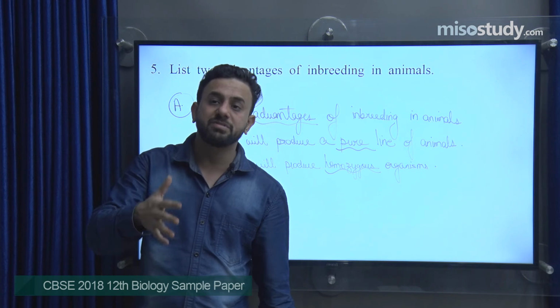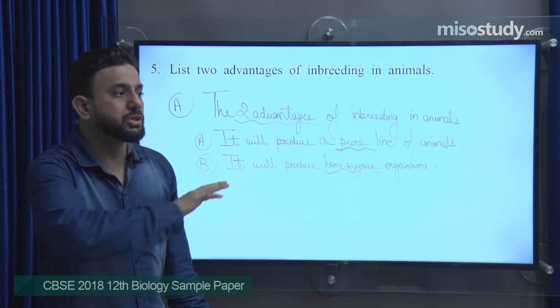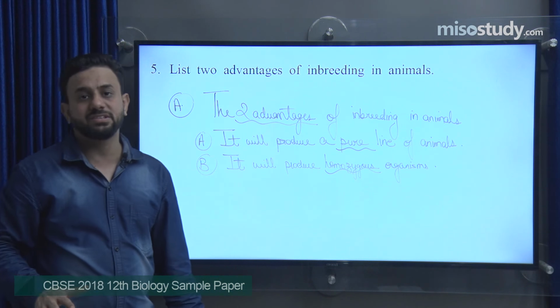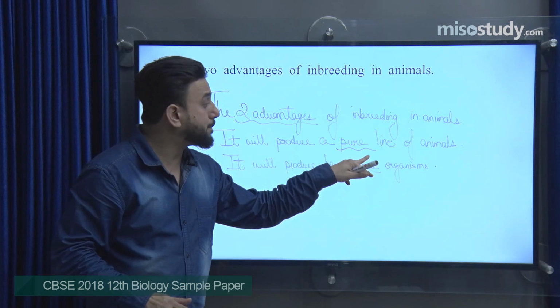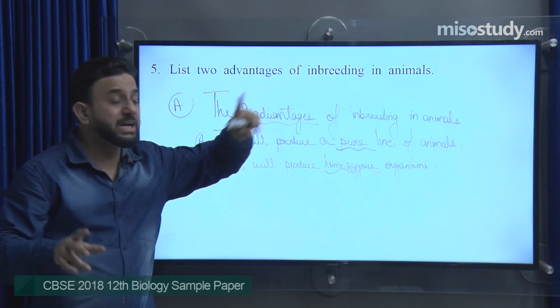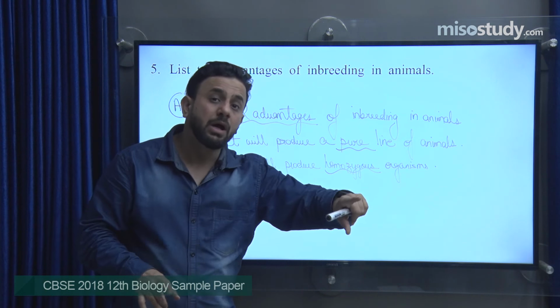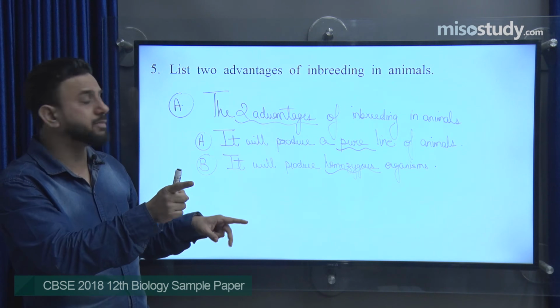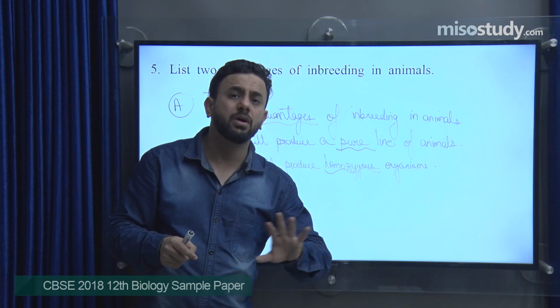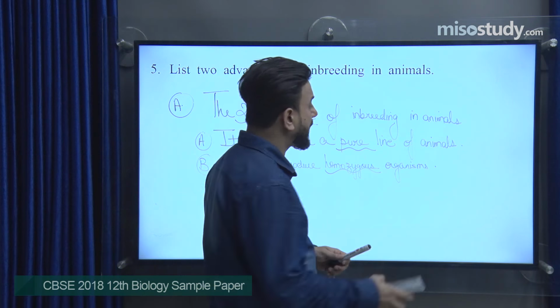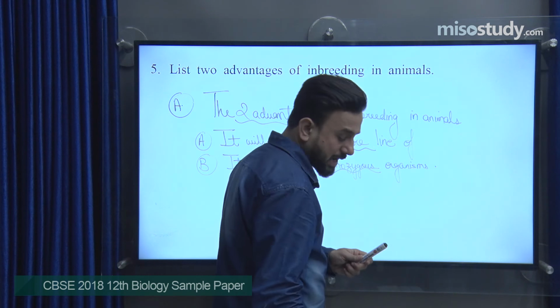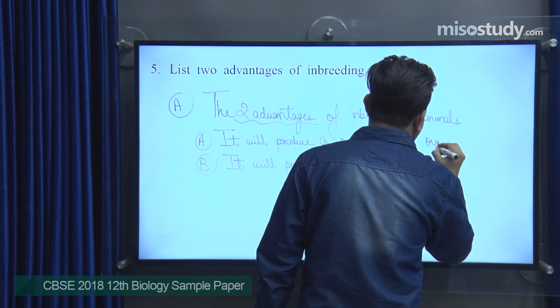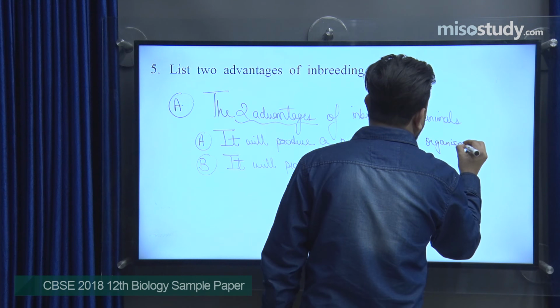Over a period of time, say 2, 3, 4 years, the whole plantation will have basmati rice. That is what we mean by pure line. We are not breeding outside, we are breeding within, and hence the whole cultivation will have the same line of organisms. So a pure line.